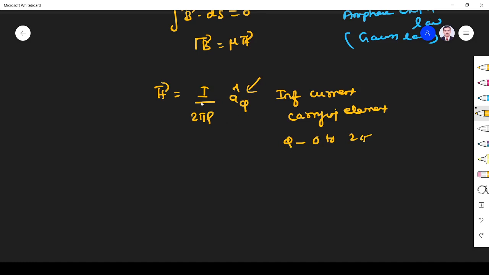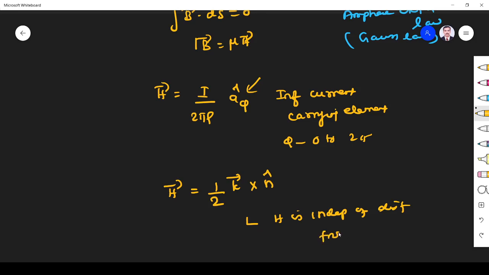It is creating rotational magnetic field. So that is very, very important. Then H due to infinite current sheet is given by 1 by 2 K vector cross a n cap. You see here H is independent of the distance from the sheet. Wherever you find magnetic field due to a sheet, it is independent of the distance. That is another thing we have to remember.